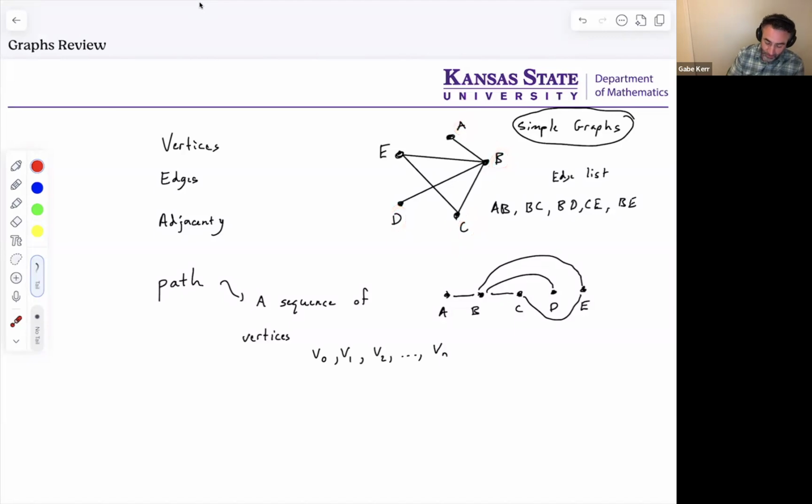But they're not any sequence of vertices. They have to satisfy a couple of properties, such that whenever I look at two in a row, the ith vertex and the (i plus first) vertex, these are distinct edges of the graph.